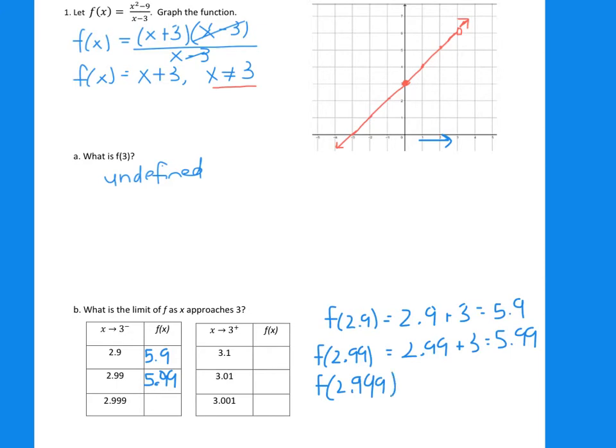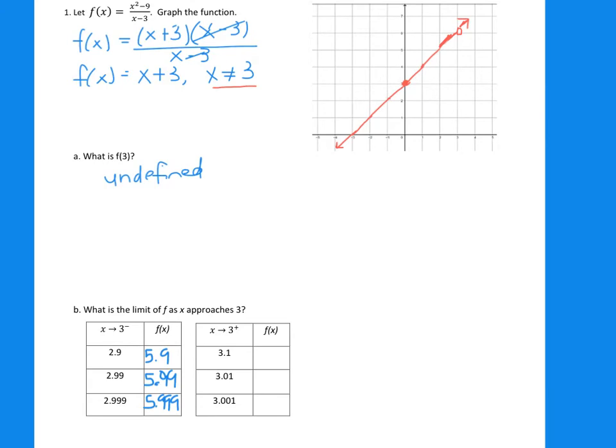Plugging that in for x, we have 2.999 plus 3, which leaves us with 5.999. Okay, so as we approach 3 from the left, it looks like our function value is approaching 6. We're getting closer and closer to 6. And we can see that in the graph. As we come in along the x-axis closer and closer to 3, our function value is approaching 6. Okay, now let's do it from the right side.